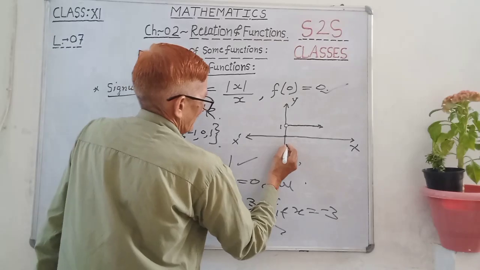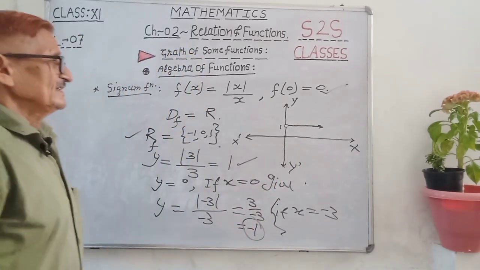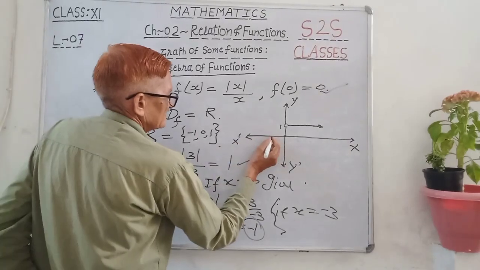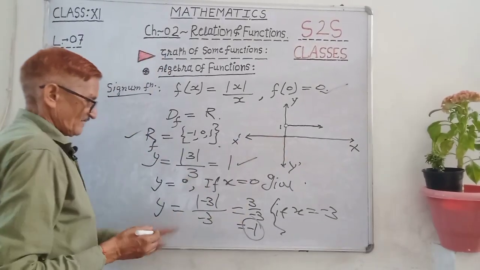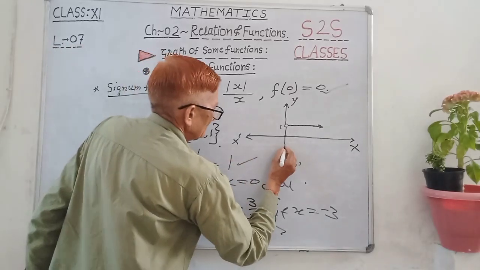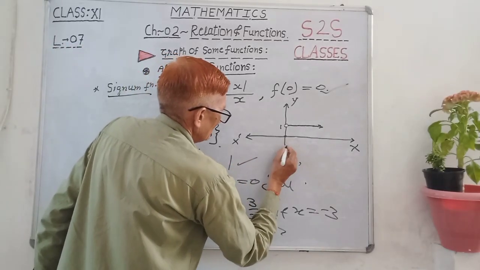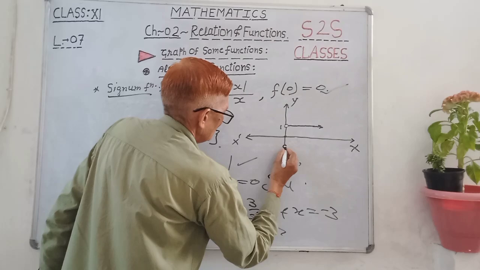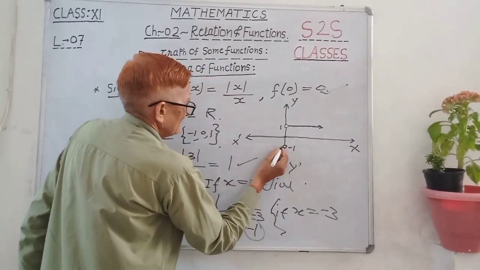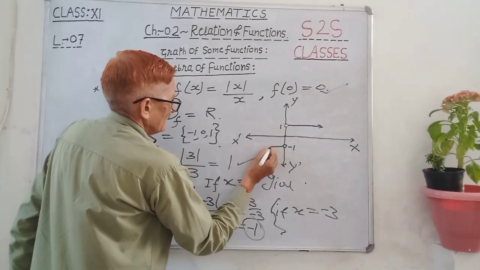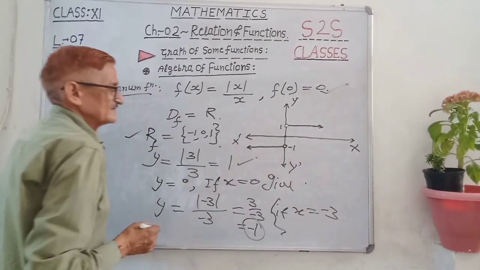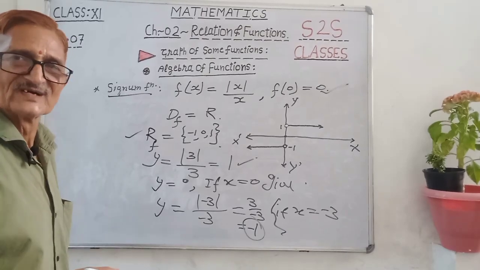And then if x is negative, here, any negative real number, then y is minus 1. So y is minus 1 and x here. This is the graph of the signum function.